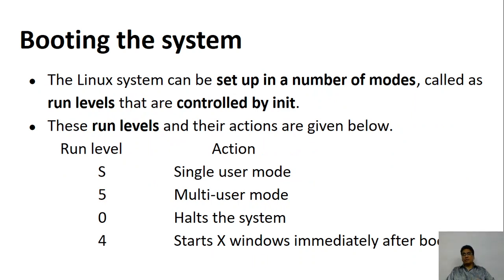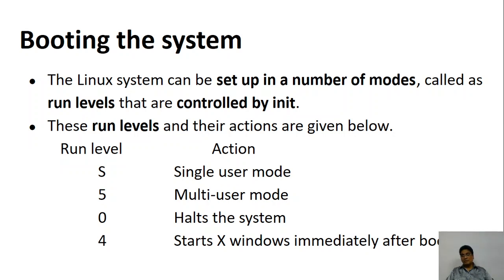Now during execution, there are different modes in which the Linux operating system will work, and you know very well some modes are privileged, some are non-privileged. If the run level is 1, that means it is running in single user mode. If the run level is 5, it is multi-user, and if it is 0, it's going to halt the system.